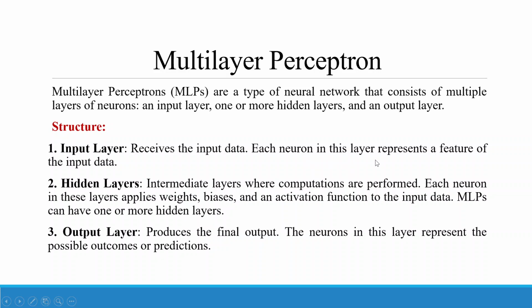Each neuron in this layer represents a feature of the input data. Hidden layer: intermediate layers where computations are performed. Each neuron in this layer applies weights, biases, and an activation function to the input data. MLPs can have one or more hidden layers. Output layer produces the final output. The neurons in this layer represent the possible outcomes or predictions.